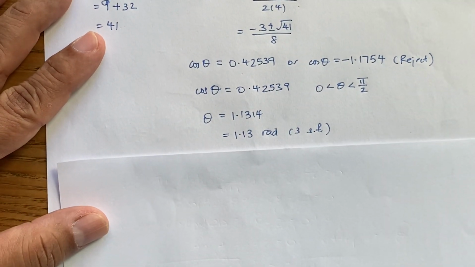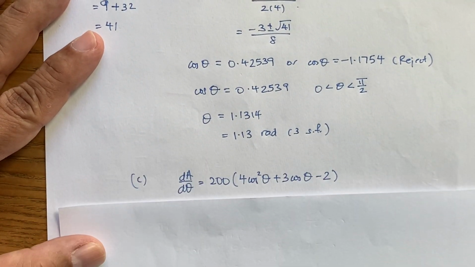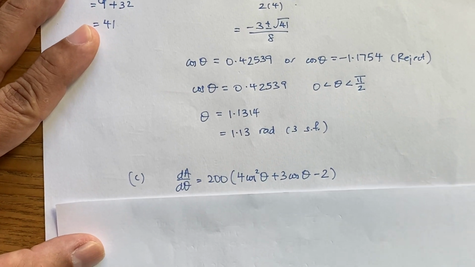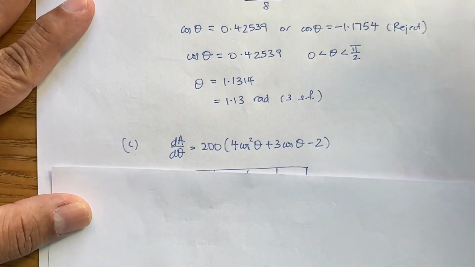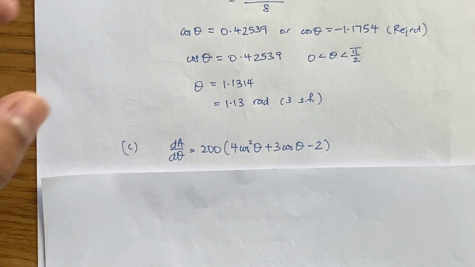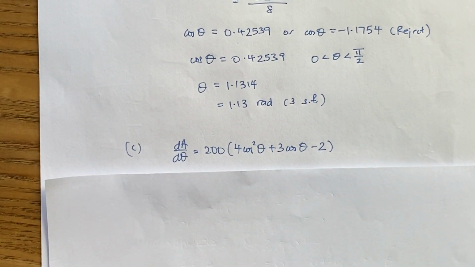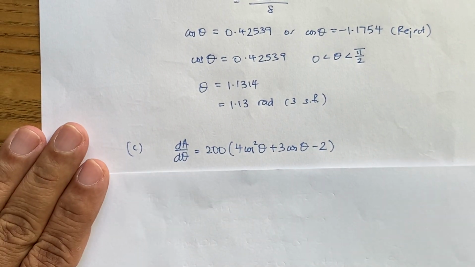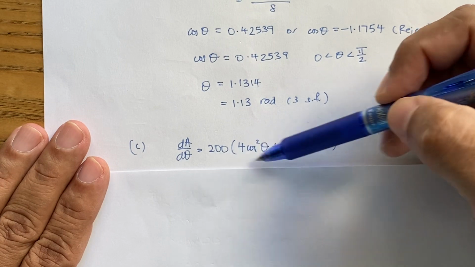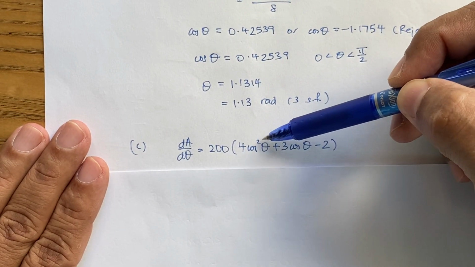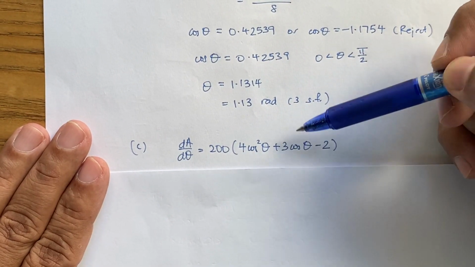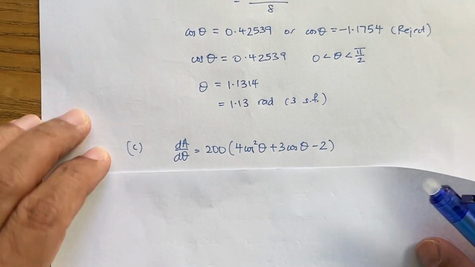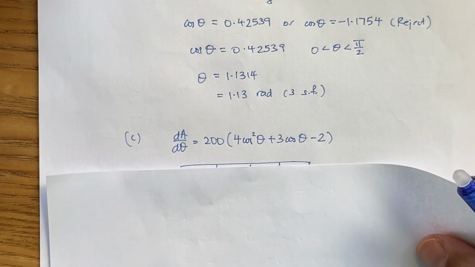Now this is your dA/d theta. I have to choose between using the first or the second derivative test. What do you think I would choose? Yes, I prefer to use the first derivative test because if I were to differentiate this again, it's quite a little bit cumbersome. So I prefer to use the first derivative test.